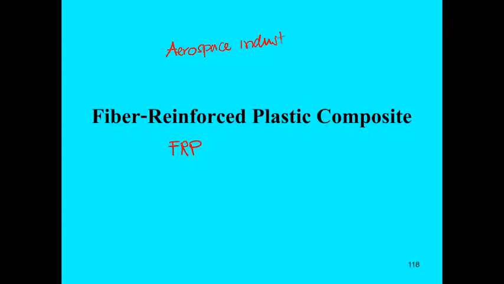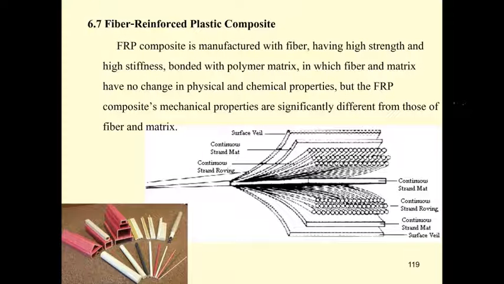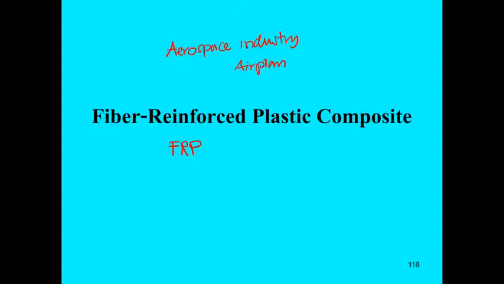It's used a lot in airplanes, the skin of the airplane, the interior of the airplane, those kinds of things. Because this material is similar to plastic, it is light and high strength. And nowadays FRP technology is transferring to our civil engineering application.